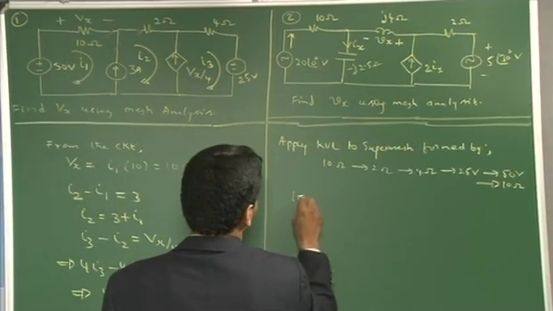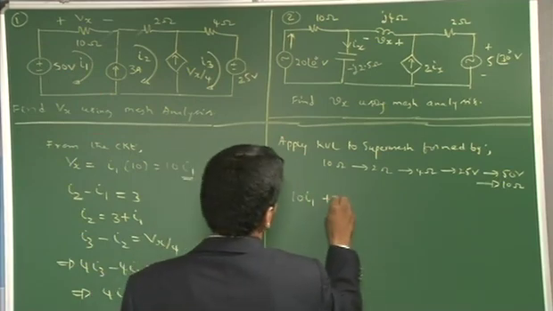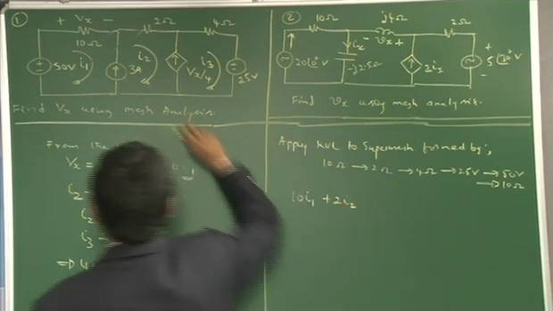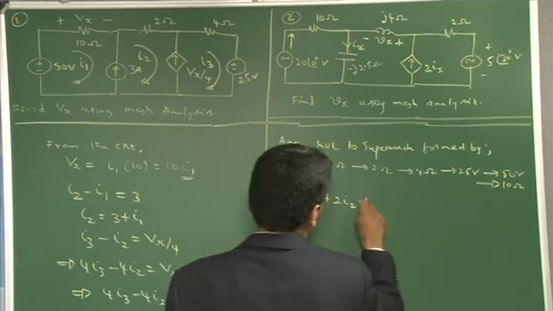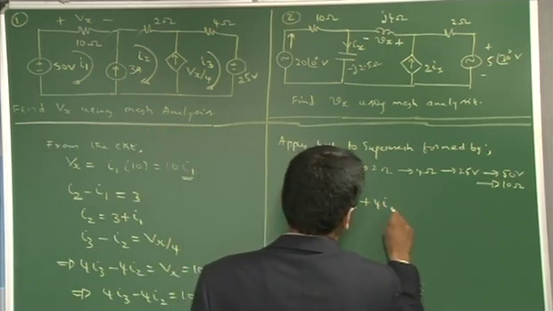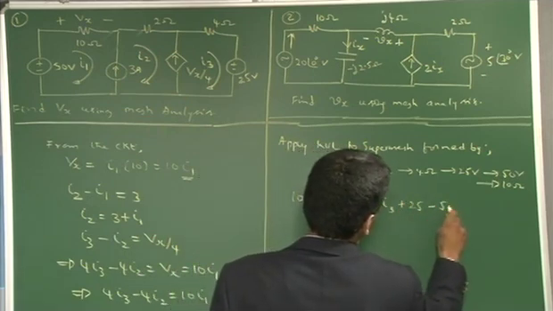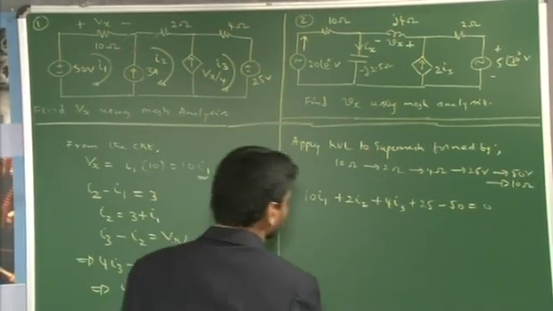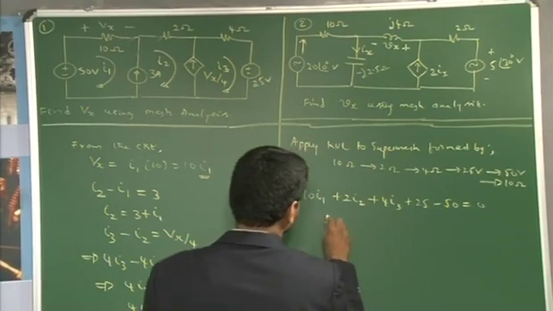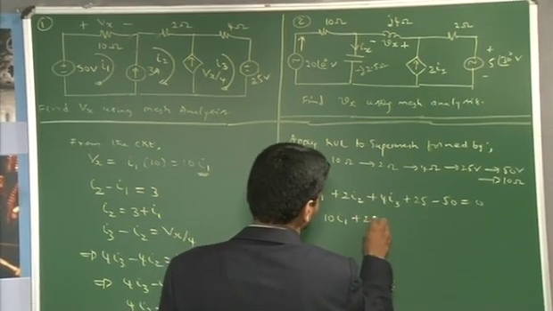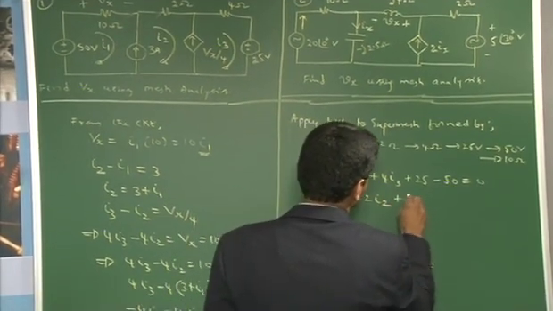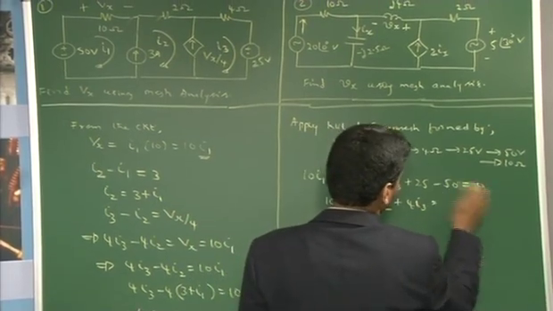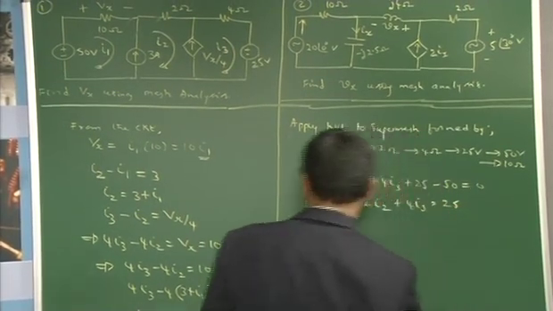So, 10 I1 plus 2 I2 here, then plus 4 I3 plus 25 minus 50 is equal to 0. Now, what we will do? This can be written as 10 I1 plus 2 I2, then plus 4 I3 is equal to 50 minus 25, which turns out to be 25.